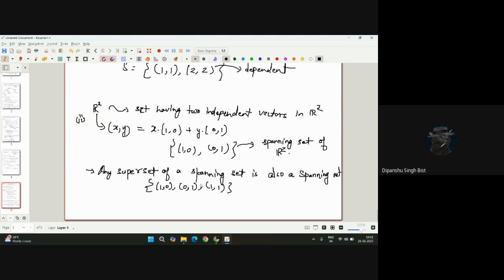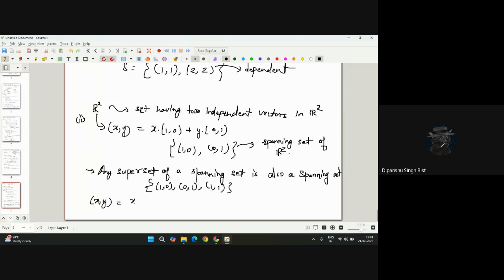It says any superset of a spanning set is also a spanning set. That means even if I add any vector to it, one or two or any number of vectors of my choice, it will still remain a spanning set because I can still represent x comma y as linear combinations of these vectors.